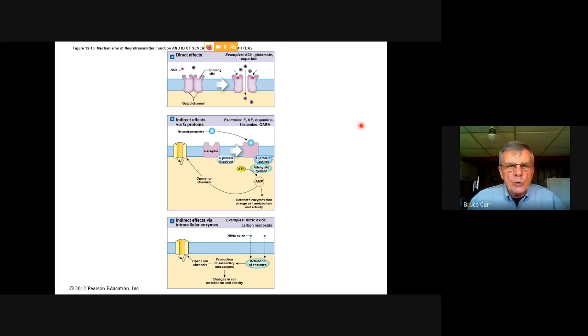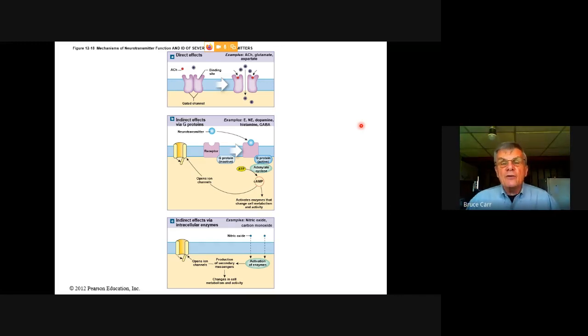When we start playing with drugs, we notice another set of chemicals that produce neurotransmitter effects. So up at the top, acetylcholine is a great example of a direct effect on a chemical gate. Also, the amino acids glutamate and aspartate are direct neurotransmitters. You bind the site, it pops open.